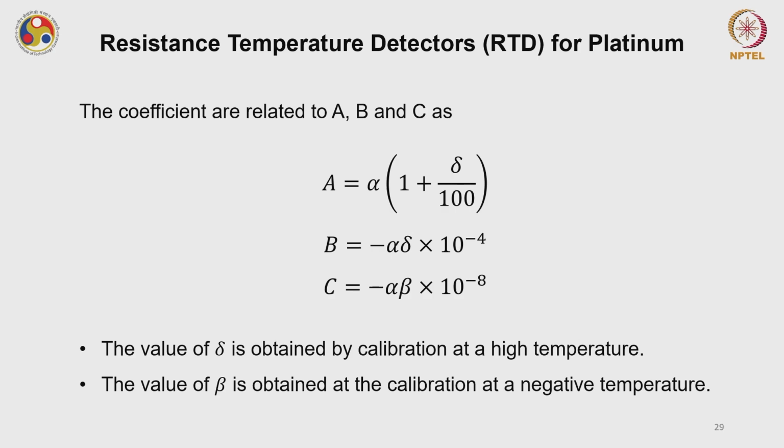Since these coefficients come from calibration in both the cases where the chance of error is high, be it the negative temperature region or the high temperature region, the accuracy of these models is very high. So for these RTDs, the approximation becomes very crucial.